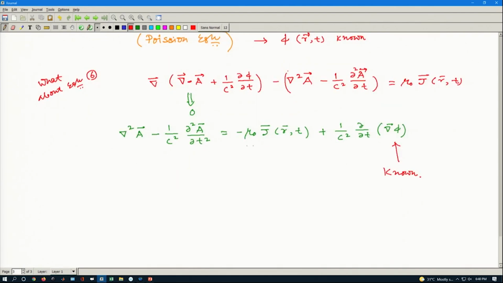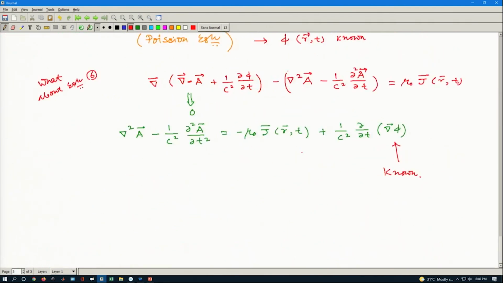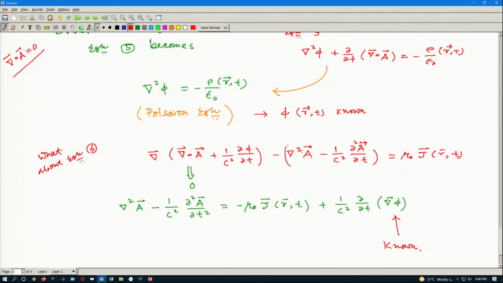So, maybe we can have a better gauge. This is the Coulomb gauge, and in principle in Coulomb gauge you can simplify the entire equation in this way.